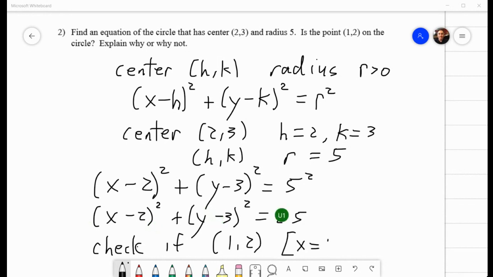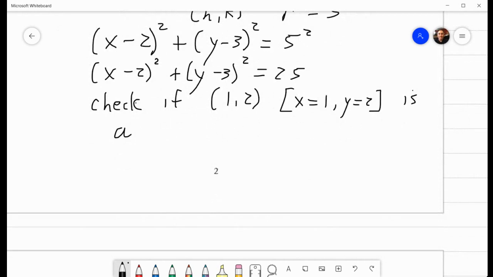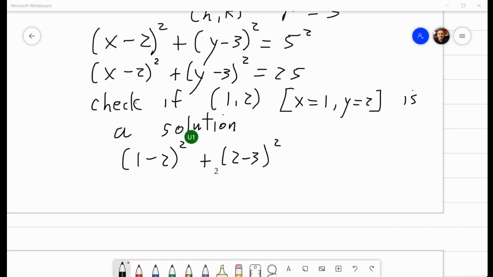That is when x equals 1, y equals 2, if this is a solution. Wait, they can't see that. Let me move that up. Is a solution. So let's see. We have 1 minus 2 squared plus 2 minus 3 squared. Well, is this equal to 25?